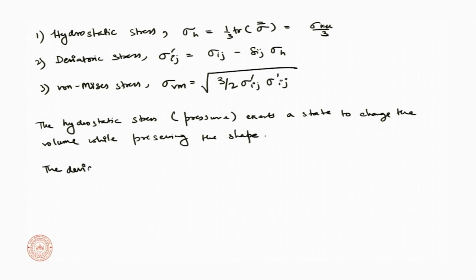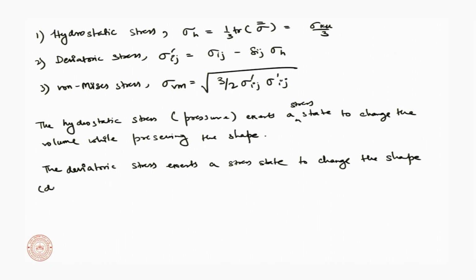The deviatoric component exerts a stress state, rather, to change the shape, that is, distort the shape, while preserving the volume.